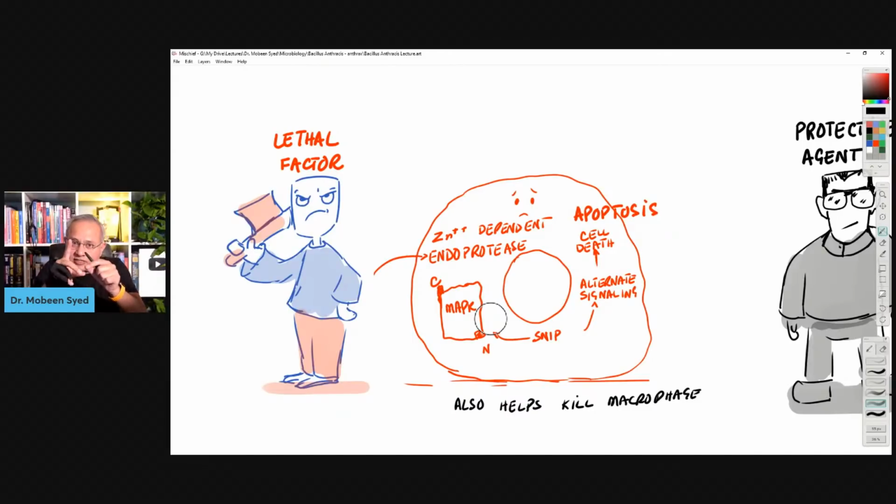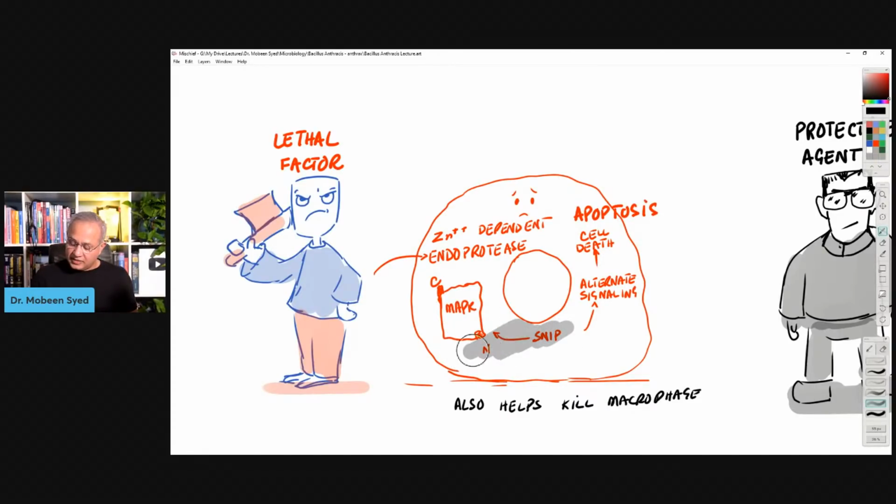It goes and cuts the N-terminal. Of course, if you cut a protein, it's not going to function anymore. And here it is breaking down a protein which is important for signaling mechanisms. Signaling mechanisms are important for the cell to function. You think the cell would function now? No, this cell is going to die.